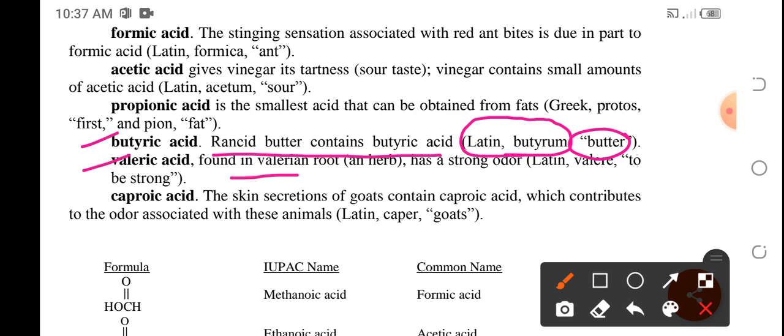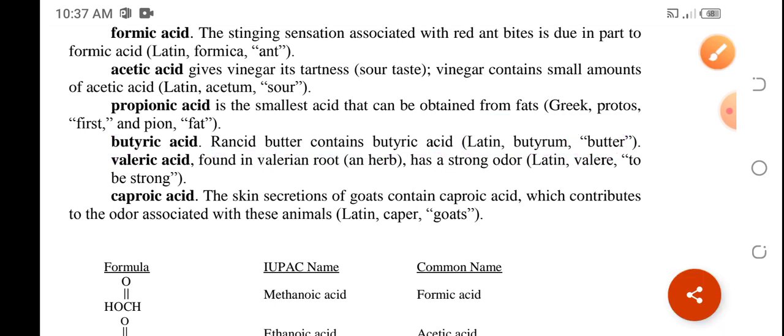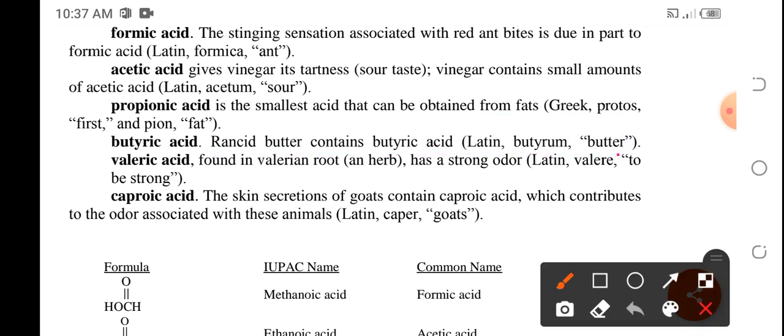Valeric acid is found in valerian roots. This is an herb with a strong odor. The Latin name came from valere, which means to be strong.